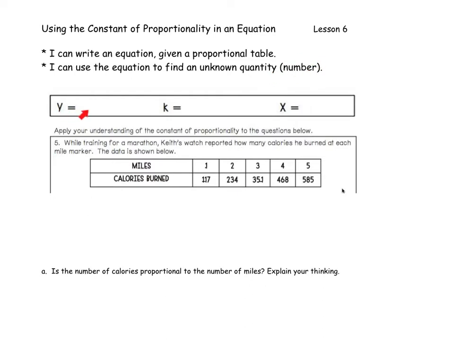So first, we want to write these parts of our new equation, y equals kx, and remind ourselves what these parts mean. Y is for the y values in a table or a graph. K is the constant of proportionality.